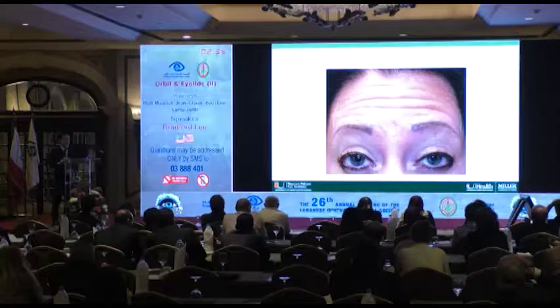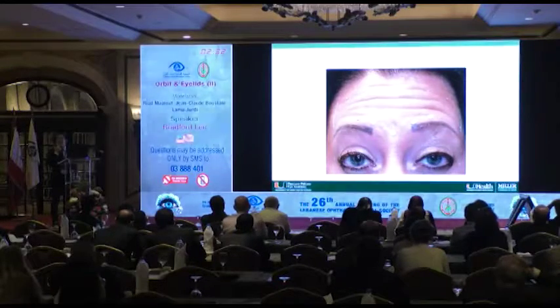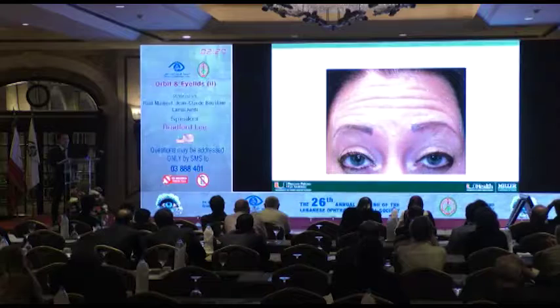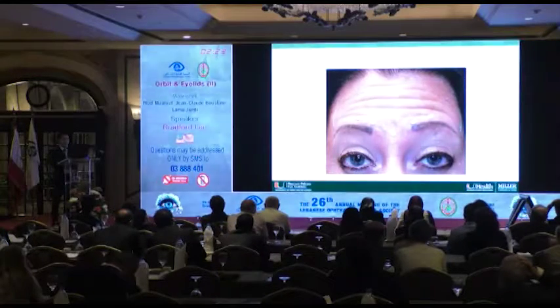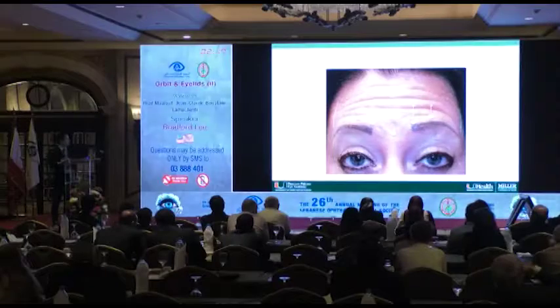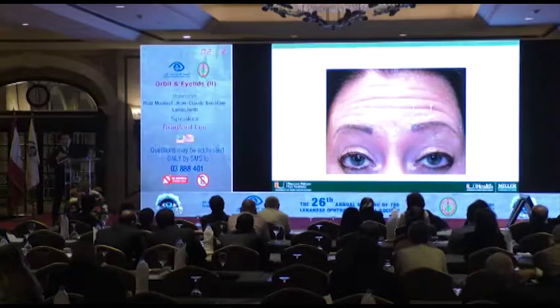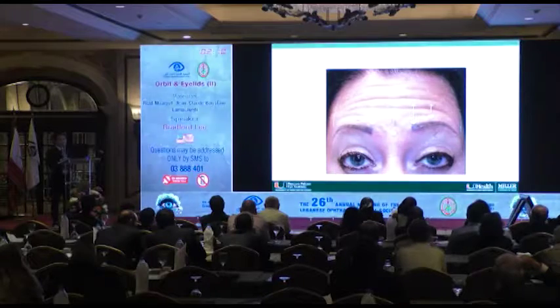The other fallacy is in patients who say, oh, I'm only bothered by the 11 line, so I only want the glabella treated. I don't care about my forehead. Well, if you just do the glabella over here, there's migration of the toxins upwards into the forehead. And so what happens is that you get relaxation of the lower frontalis in this region, but the lateral frontalis is not addressed.